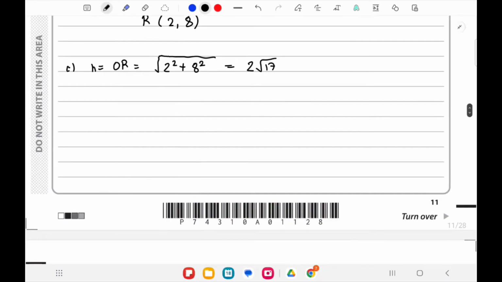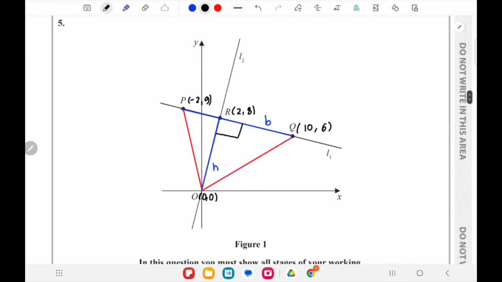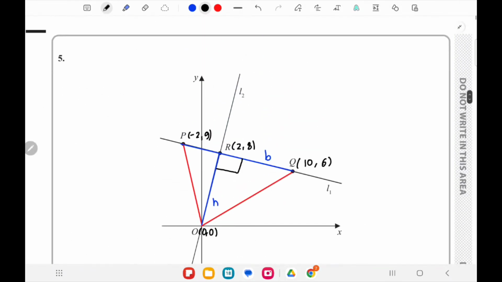So PQ is the base. PQ would be root over 10 minus minus 2 whole square plus 6 minus 9 whole square.